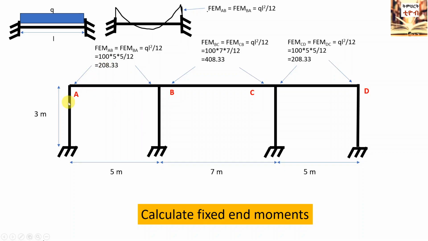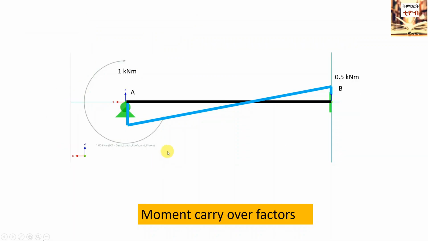We need to balance this unbalanced moment by adding an opposite moment equal to the unbalanced moment. This moment will be distributed to each member at the joint based on the distribution factors we determined earlier. When a fixed end member is released at one point and a unit moment is applied, the carryover factor to the opposite end amounts to 0.5.